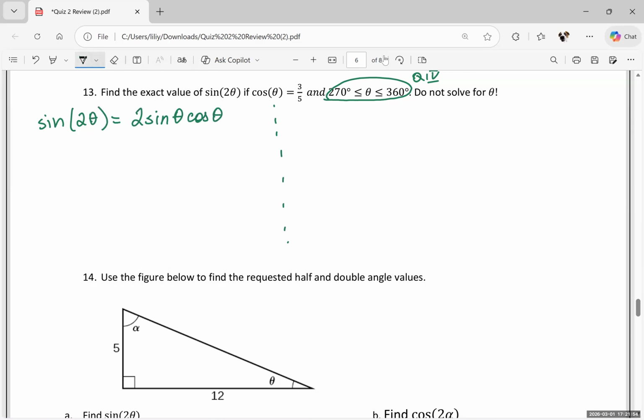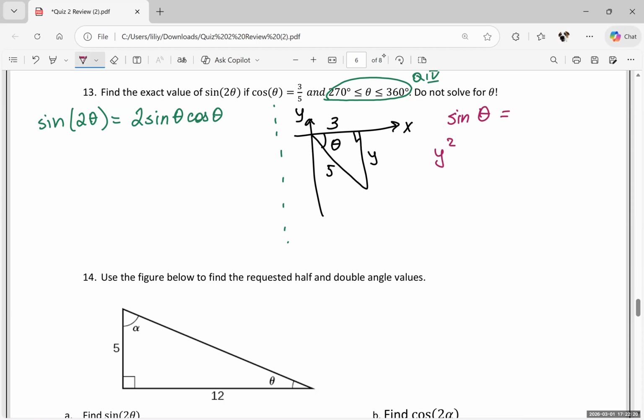I know that theta is in quadrant 4, so again, a triangle in quadrant 4, x and y. I also know that cosine of theta is 3 over 5, so 3 is the adjacent side, 5 is the hypotenuse. We need to find the y. And we are looking for sine of theta here.